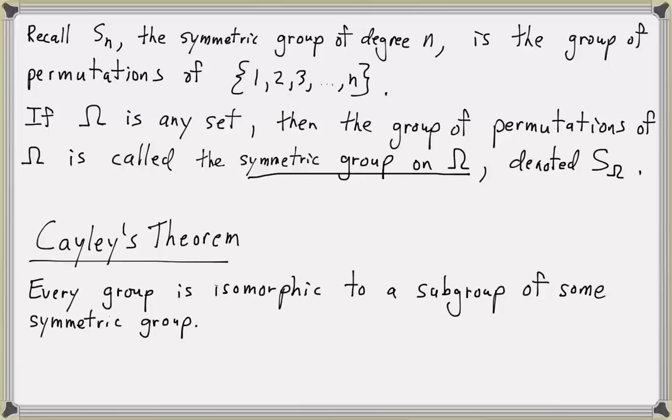We already demonstrated this for D8. We showed that D8 is isomorphic to a subgroup of S4. Now, if G is a finite group with order n, then G is isomorphic to a subgroup of Sn.